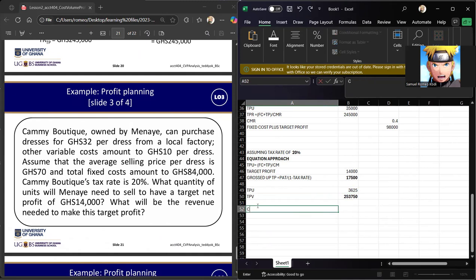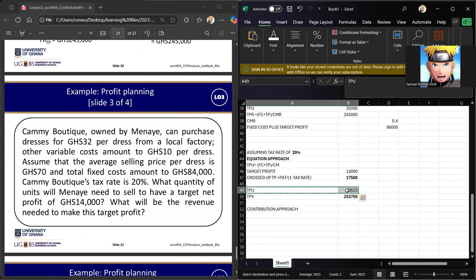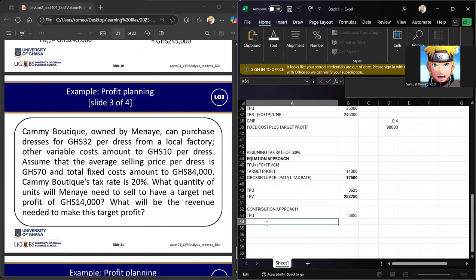So usually, the contribution approach. Okay. With the contribution approach, I always tell you that this is the same thing. This side is the same thing. The only side that changes is when it comes to the value side.